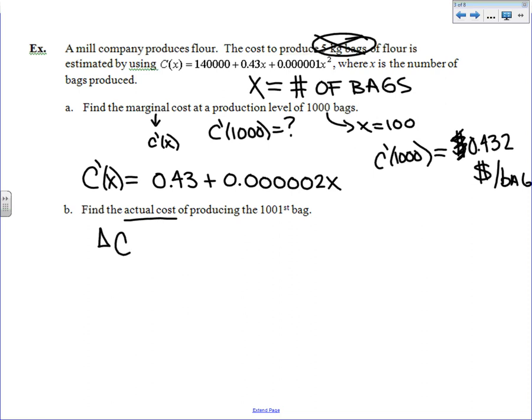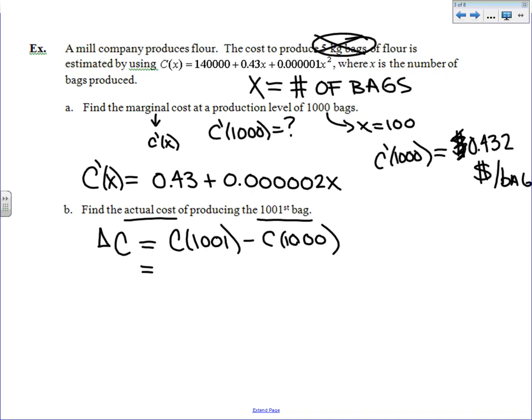If we're looking at the 1,001st bag, then delta C is equal to the cost at 1,001 bags minus the cost at 1,000 bags. Plugging that into our formula, I'm not too worried again about you being able to show this, but it's not a bad idea. I'll write it in now that I've talked about that.